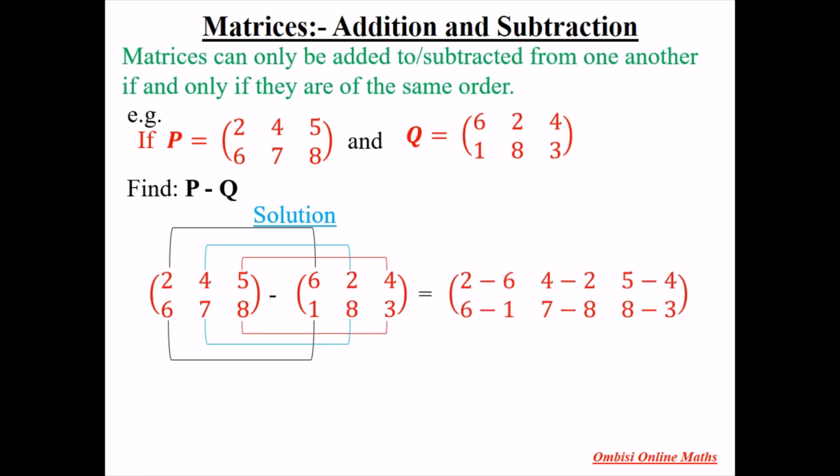This translates to 2 minus 6, 4 minus 2, 5 minus 4, 6 minus 1, 7 minus 8, 8 minus 3, which gives negative 4, 2, 1, 5, negative 1, 5. That is the matrix we get after subtracting matrix Q from matrix P.